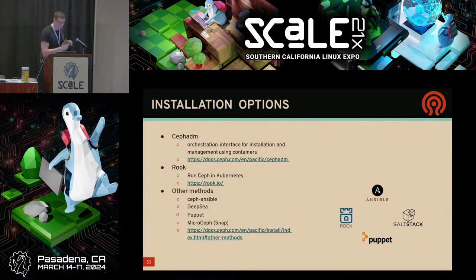You have a number of installation options. The Ceph upstream generates and maintains Ceph ADM, which is an orchestration interface around containers and SSH. Rook is sort of a sister project of ours, which is the Kubernetes interface for installing and running and operating Ceph.